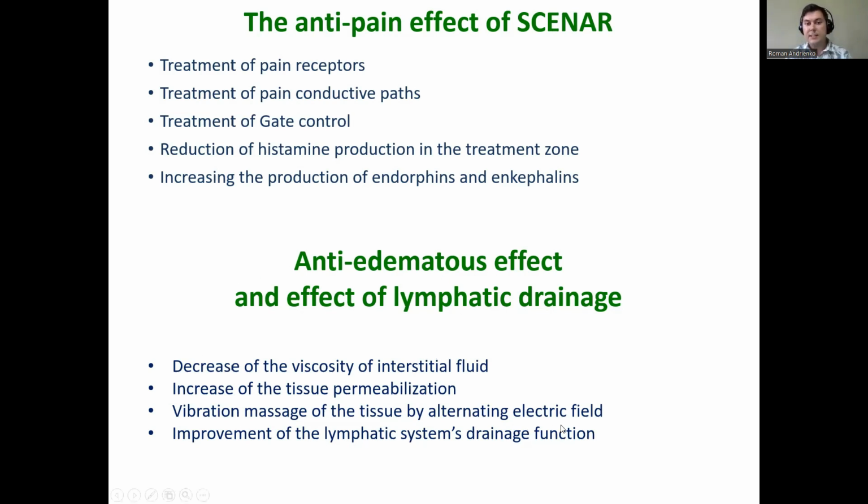We also have the anti-edematous effect or anti-edematic effect and effect of lymphatic drainage. What's in there? How does this mechanism really work? What does Scenar do there? It decreases the viscosity of the interstitial fluid.